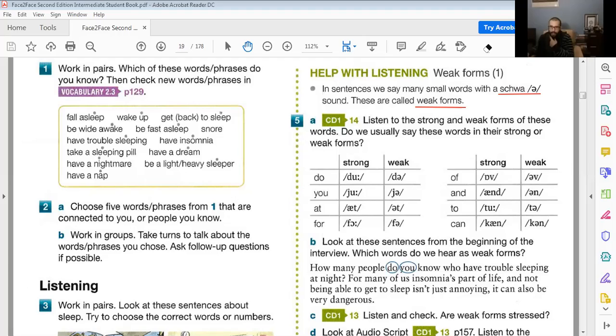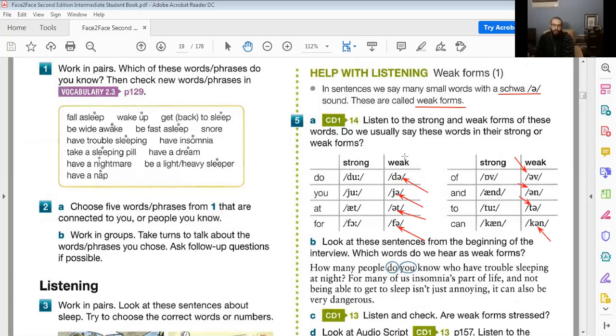And another thing, if you pay attention here to the phonetic symbol, what do you see? The schwa vowel. Yeah, we have this schwa sound in all of them. In all the weak forms, we have the schwa sound. So I'm going to play this track. Let's listen and try to hear the difference between the strong form and the weak form.